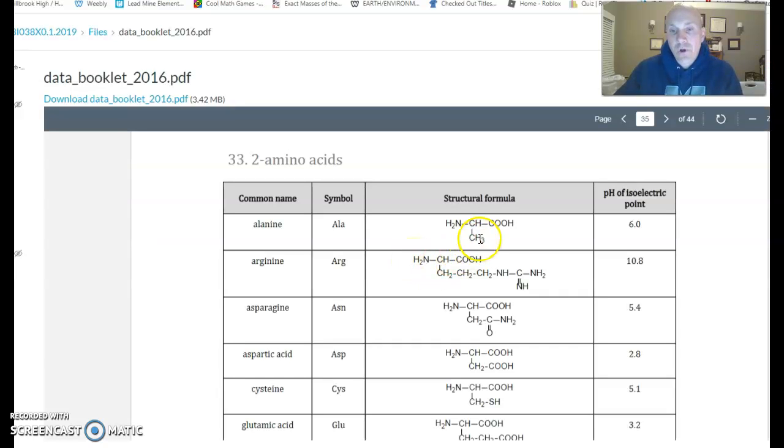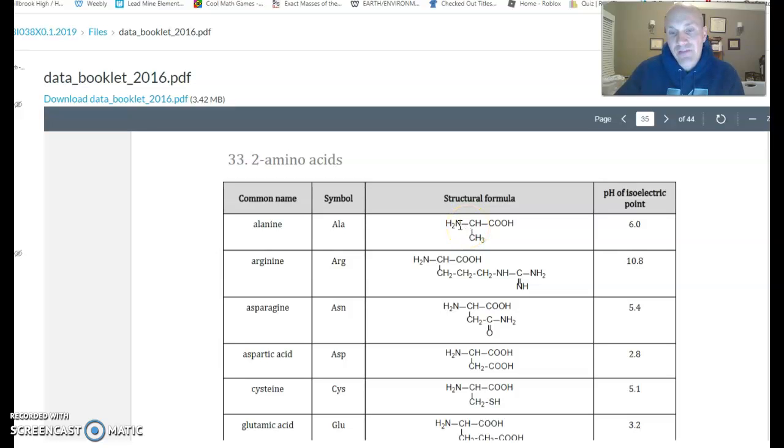So first of all, recall what a protein is. A protein is a molecule that is essentially a chain of amino acids linked to each other. All right, so amino acids are shown here in the data booklet. And remember, there's something that all amino acids have in common, and there's a way that they're all different.